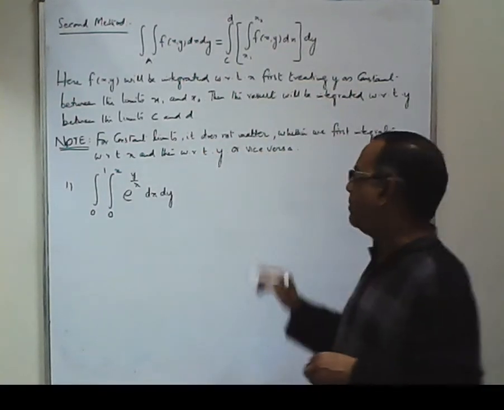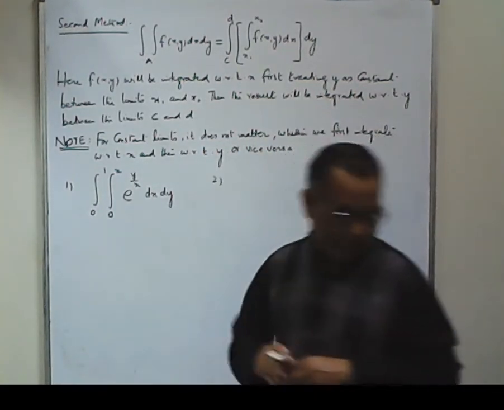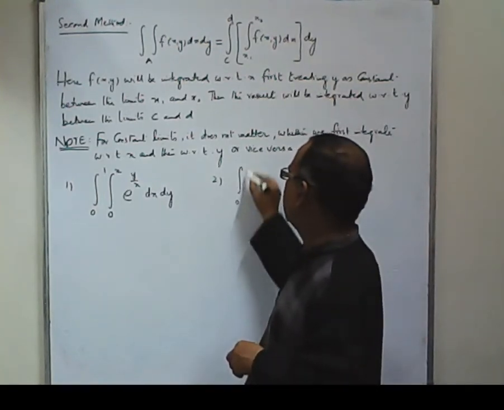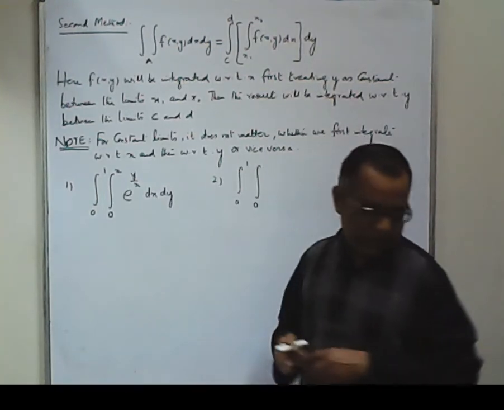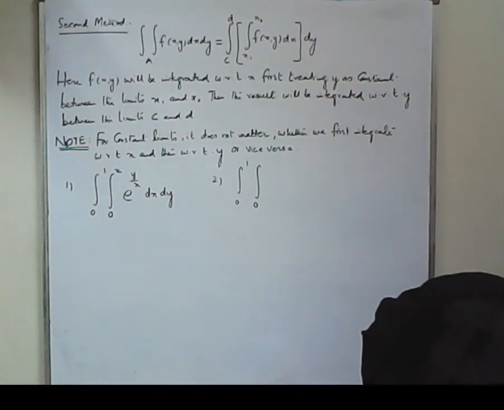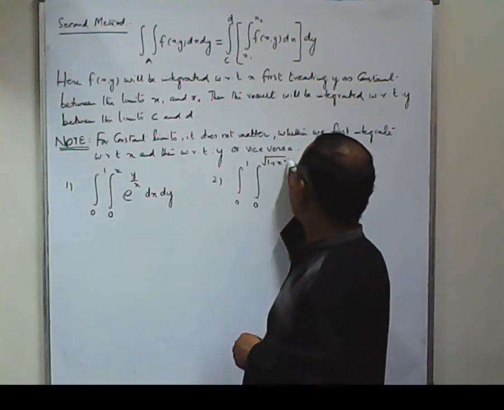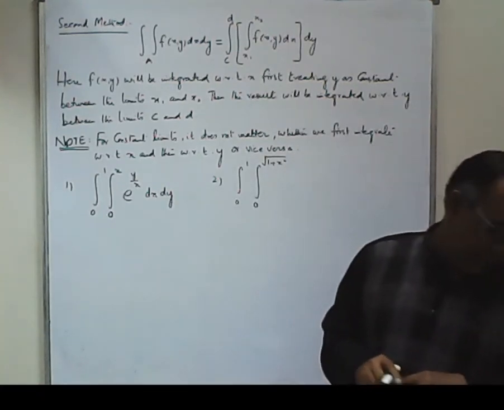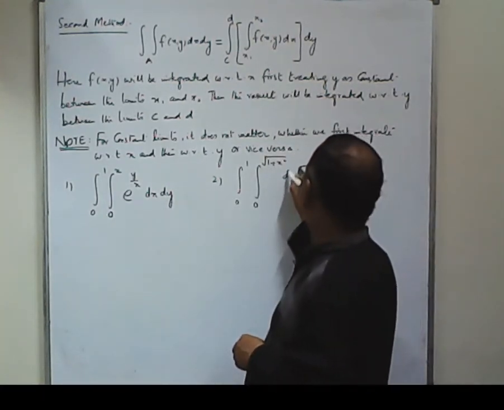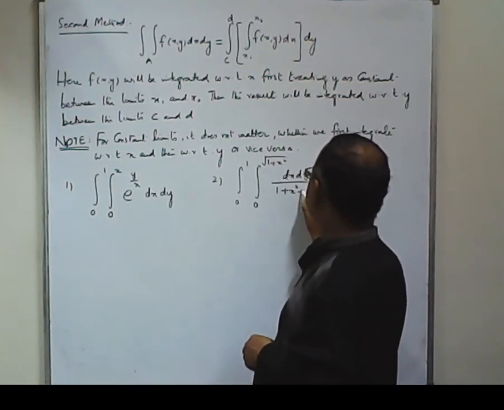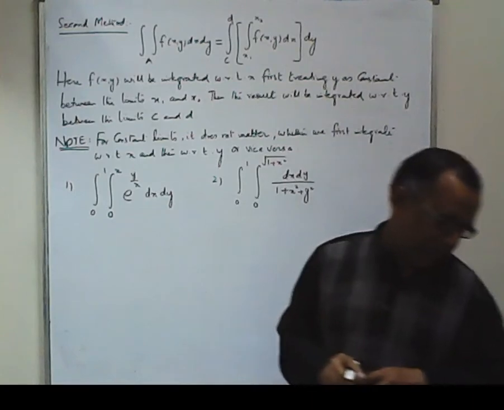This is one example. Another example is integral from 0 to 1, 0 to under root 1 plus x square, and then we have dx dy over 1 plus x square plus y square.